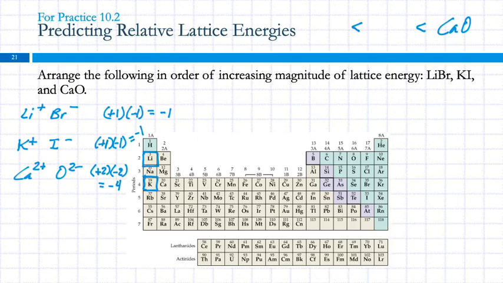Yeah, potassium's bigger and lithium's smaller. And then for the anions, we've got bromide and iodide. Who's bigger? Iodide.